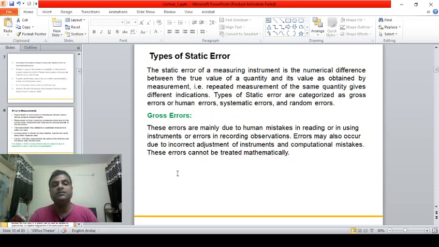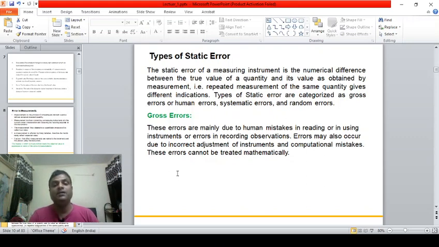Gross error is also due to incorrect adjustment of instruments and computational mistakes. For example, if we make a calculation mistake, that is called a computational mistake. Initially, if we have not adjusted the instrument and its pointer is not indicating zero, that also introduces error. This is called gross error.